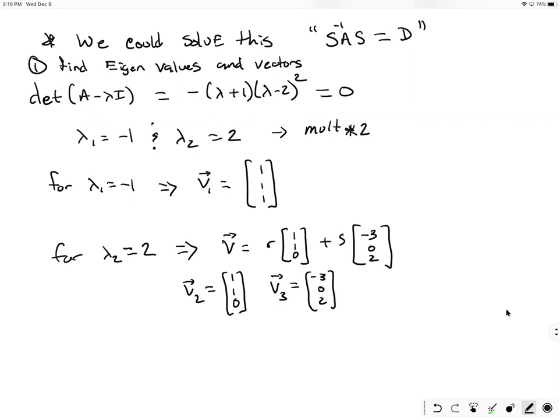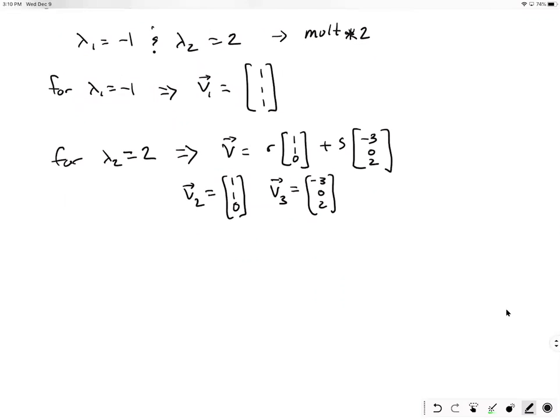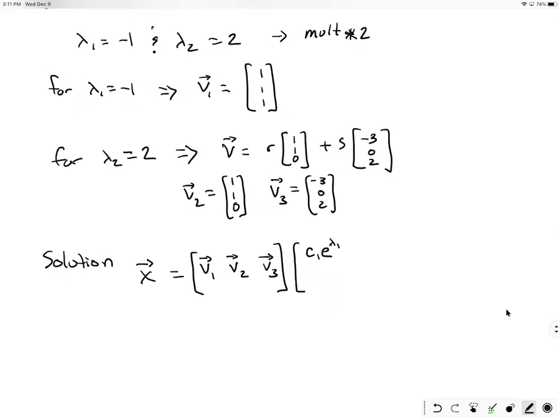And so what I do, very simply, my solution as an x vector is equal to, I put in V1, V2, and V3 as columns in a matrix, and I multiply that by C1 times e to the lambda 1 times t, and then C2 e to the lambda 2 times t, and C3 e to the lambda 3 times t.